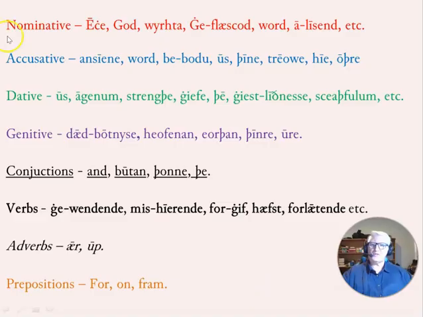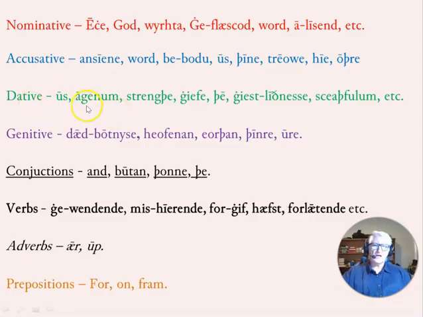All right, so let me point out nominative items: Eche, God, Urchte, Geflashod, Word, Lisend, etc. in red, accusative in blue: Ancienne, Word, Bebodu, Thina, Tarewa, Hia, Othare.